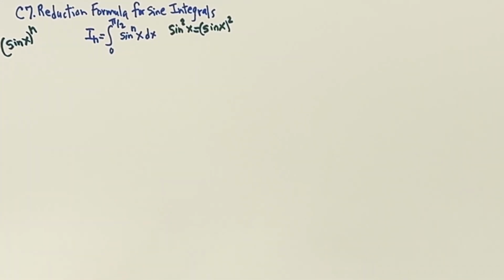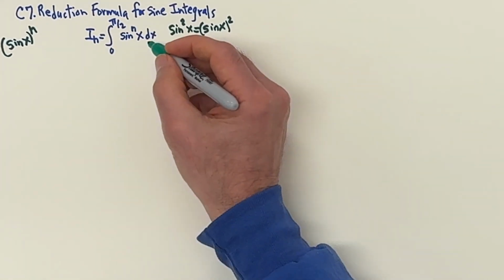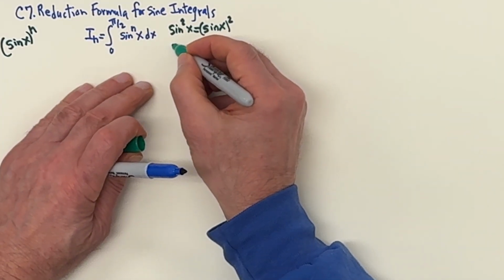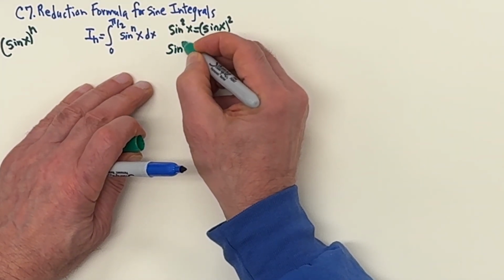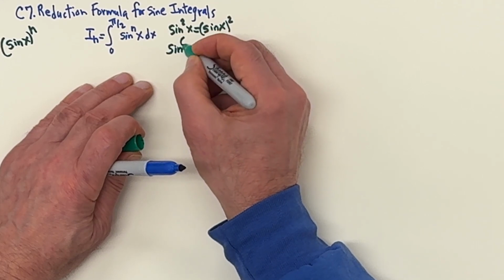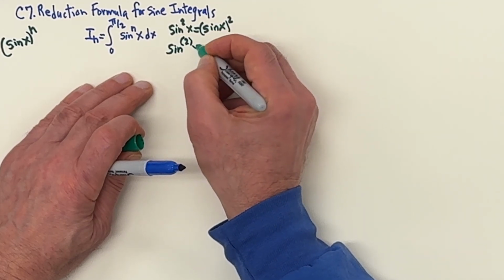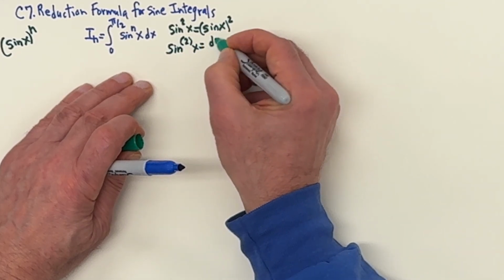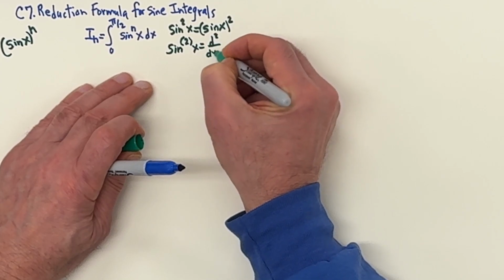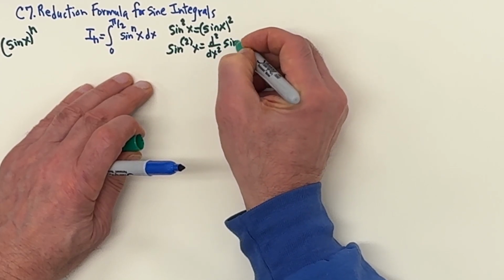That's notation, so we want to be careful that we understand that. And you have to be very careful, because if the sine has the 2 superscript with parentheses, that means something different. That's the second derivative of the sine of x.